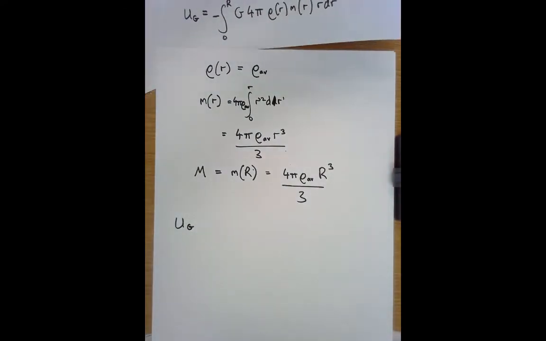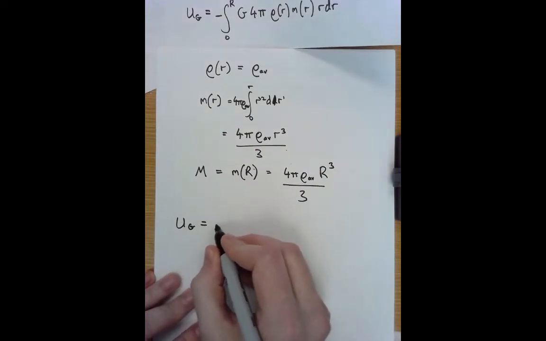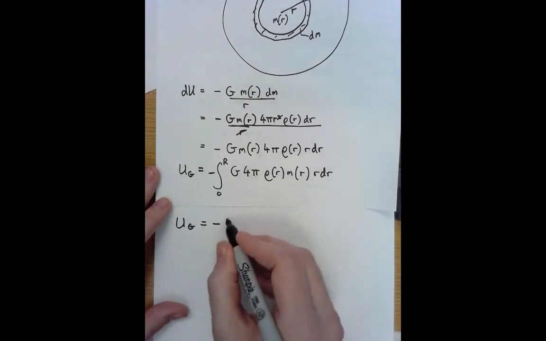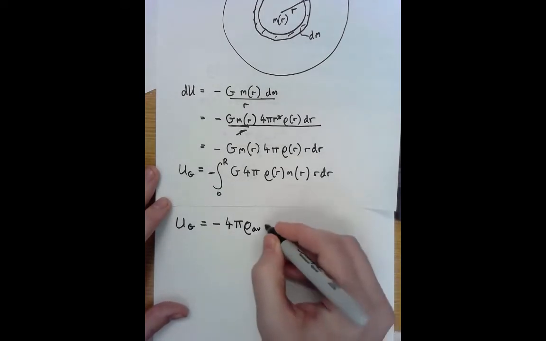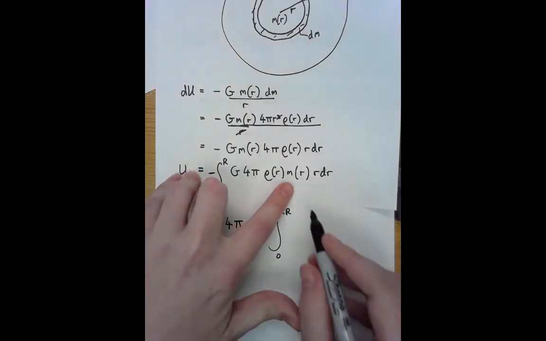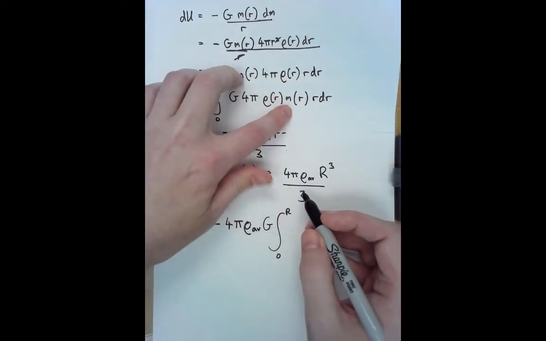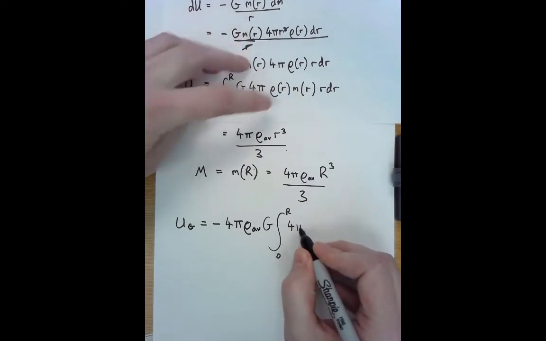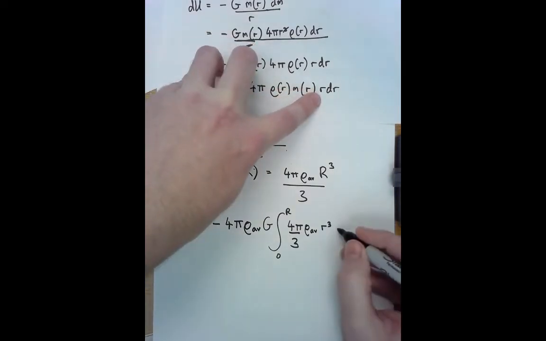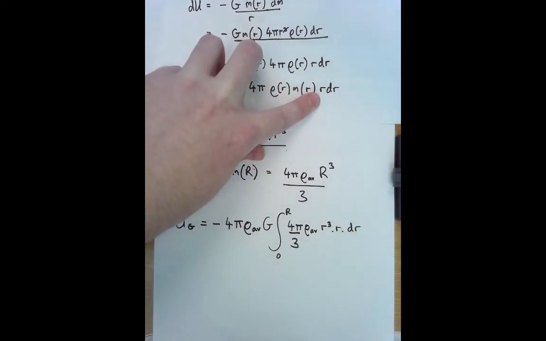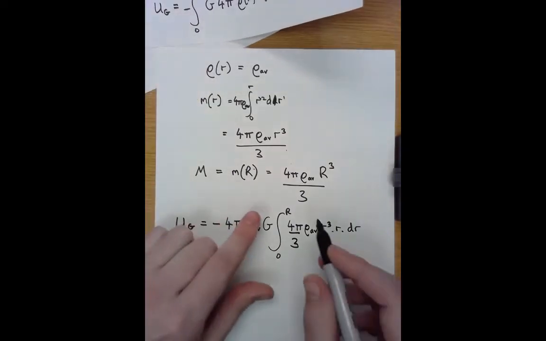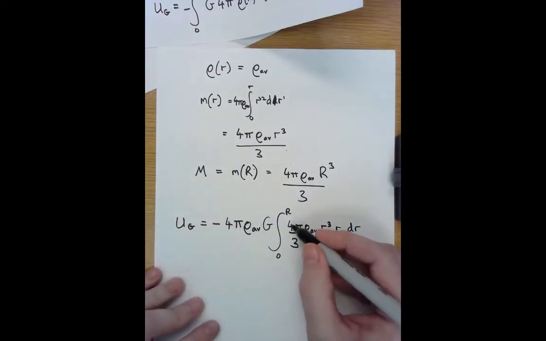Finally, the gravitational potential energy is given by this expression here. Let's pull out some constants. So we've got 4 pi rho average big G, and then we're integrating from the center to the surface. What's left? Well, it's just the mass inside radius r, which is 4 pi rho average r cubed over 3 times r dr. Now we can simplify this a little bit.